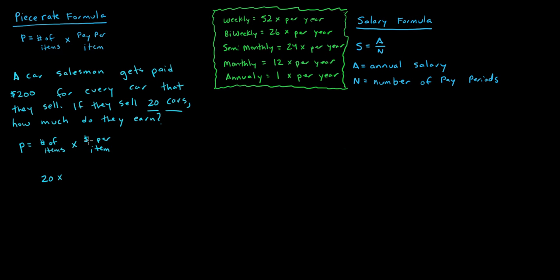Times the pay per item, and in this case, the person makes $200 for every car that they sell. And so we would go 20 times 200, which would be $4,000. So again, that's piece rate.